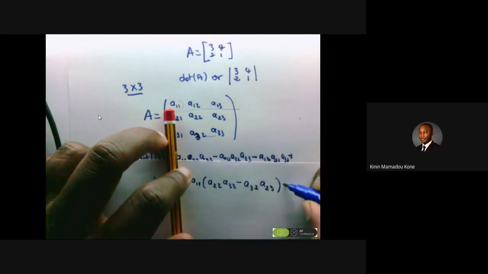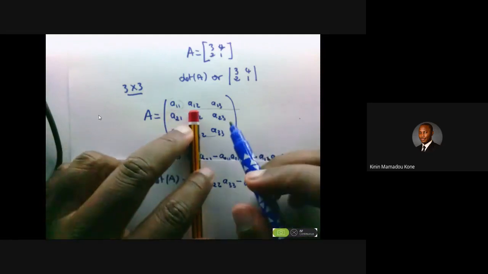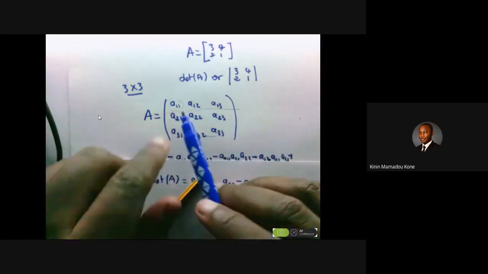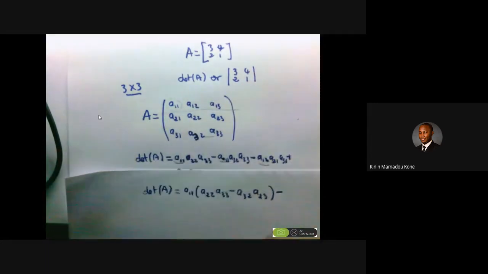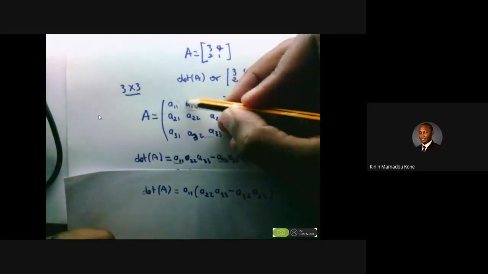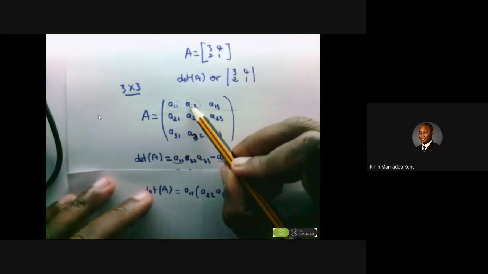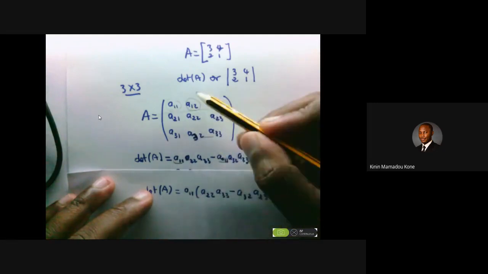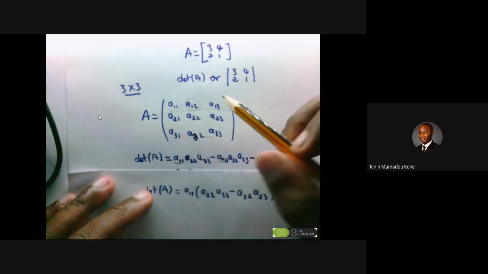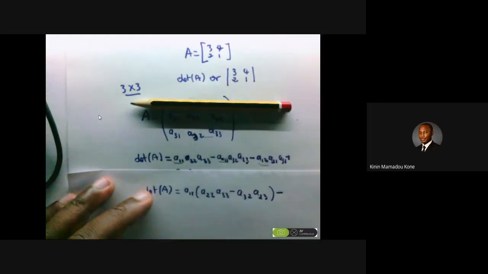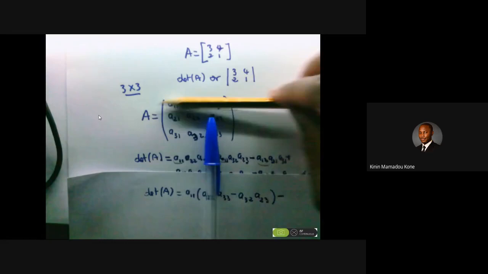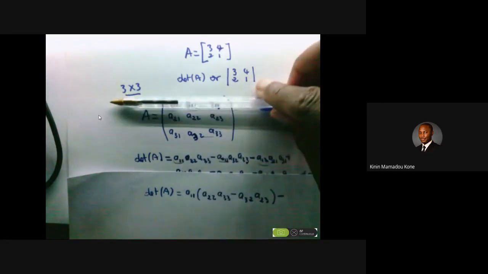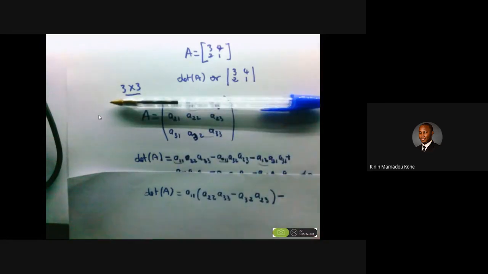Now minus, moving on to the next one, so I'm moving along the rows. I take this entry over here, and I have to eliminate the first row and then the second column. So I eliminate the first row and the second column.